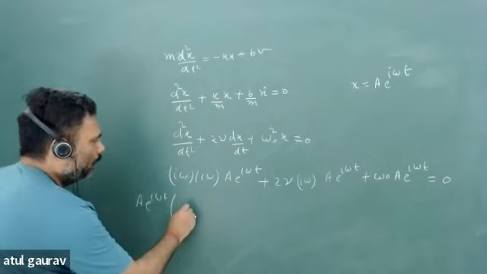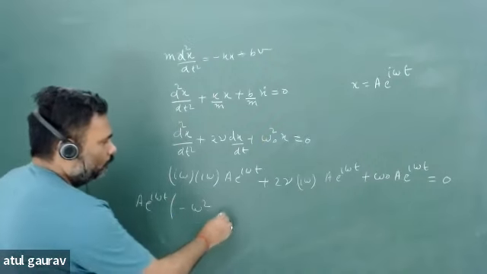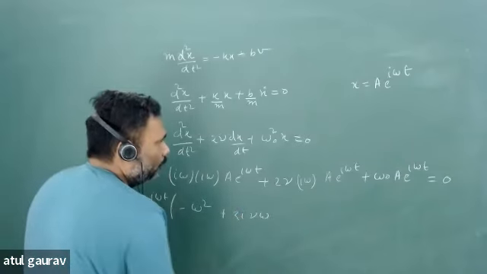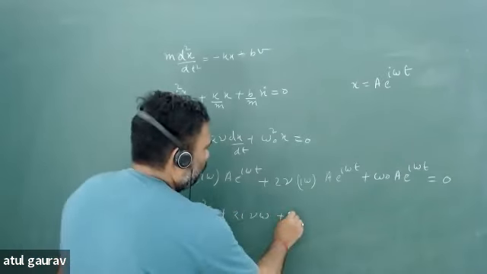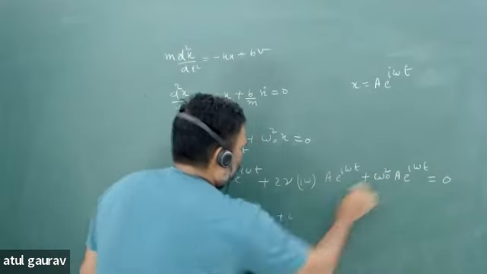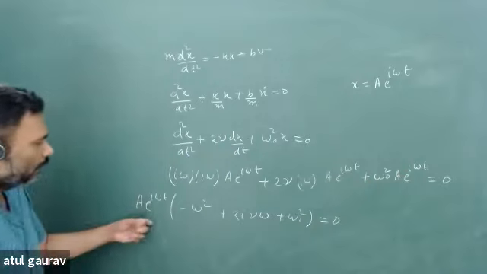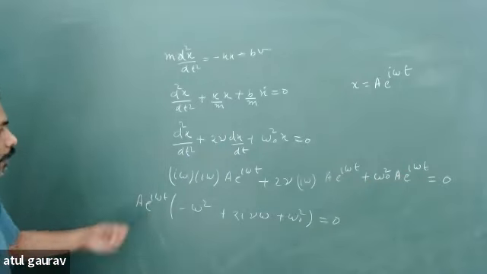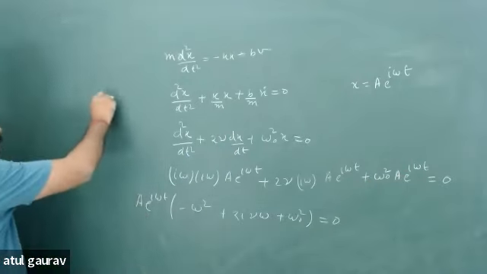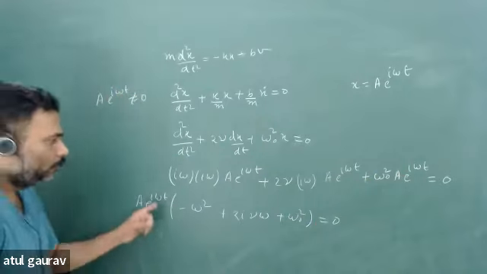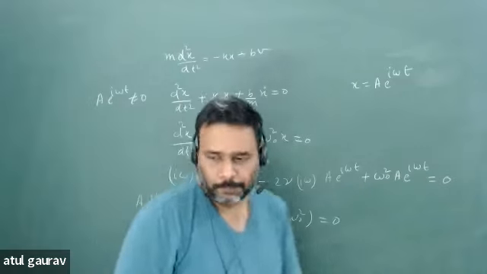And we have minus omega square plus 2i gamma omega plus omega naught square must be equal to 0. Obviously a e to the power i omega t is not equal to 0.